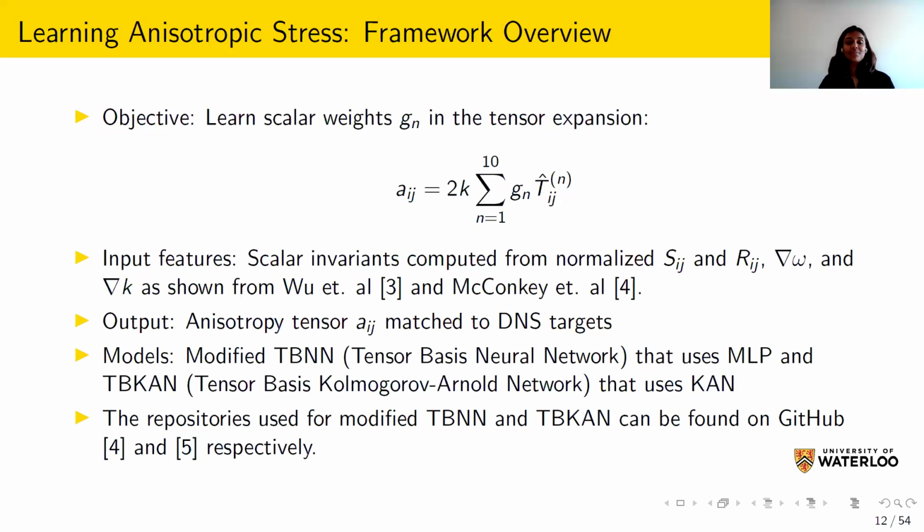When we compare, the only reason we're not comparing training times is because the hardware used for training the MLP-based modified TBNN and TBCAN were different, so it would be an unfair comparison. But my personal opinion is that because CANs have the B-spline, it was a bit slower compared to the MLP.